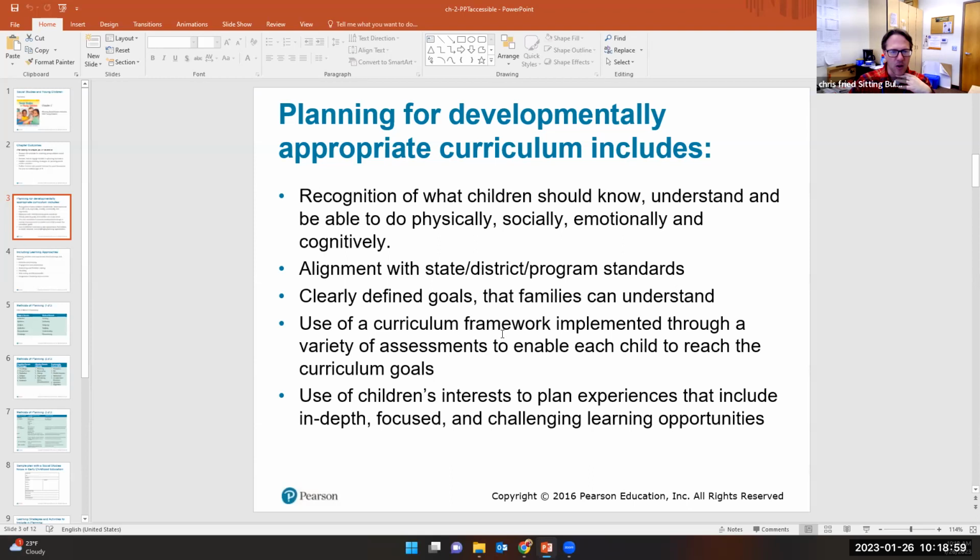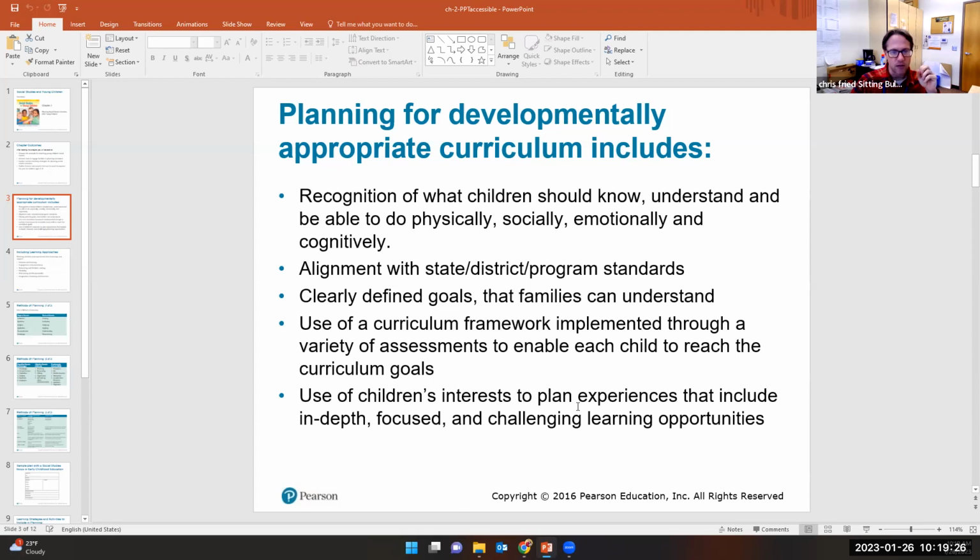Next, we want to use a curriculum framework and implement it throughout the assessments that we will be using in our program, and use a variety of assessments to help students reach the curriculum goals, not just the same thing over and over. So we're talking about differentiated instruction or differentiated assessments within our curriculum framework.